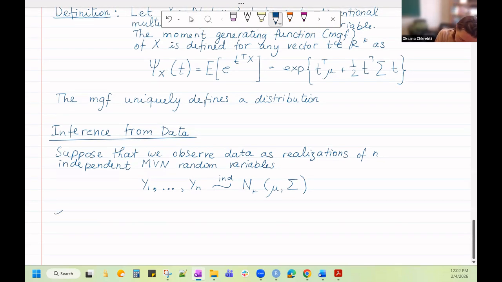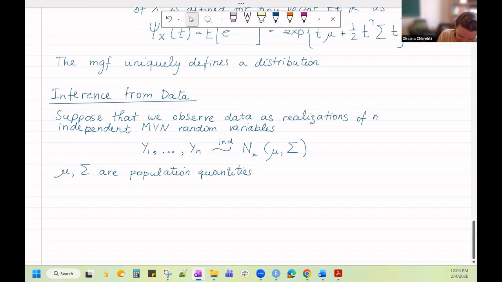Here, mu and sigma are so-called population quantities. Once we know mu and sigma for sure, then we have fully defined the data generating model. However, in practice, population quantities are rarely known. So these population parameters, mu and sigma, are going to be what we will try to estimate.